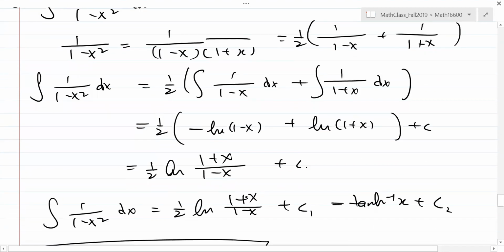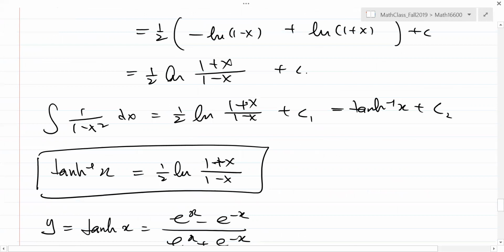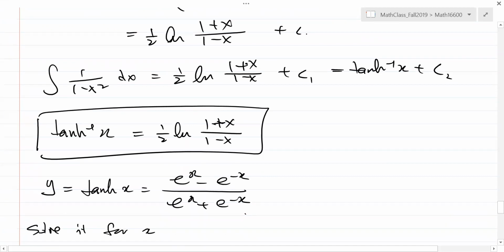Then I can quickly evaluate the integral and get half of the natural log of 1 plus x over 1 minus x. Then I get this formula. Then I conclude that the hyperbolic tangent inverse function must be equal to one half of that. I got this formula from the integrals, from the derivatives, not directly from the original definition of the inverse function.